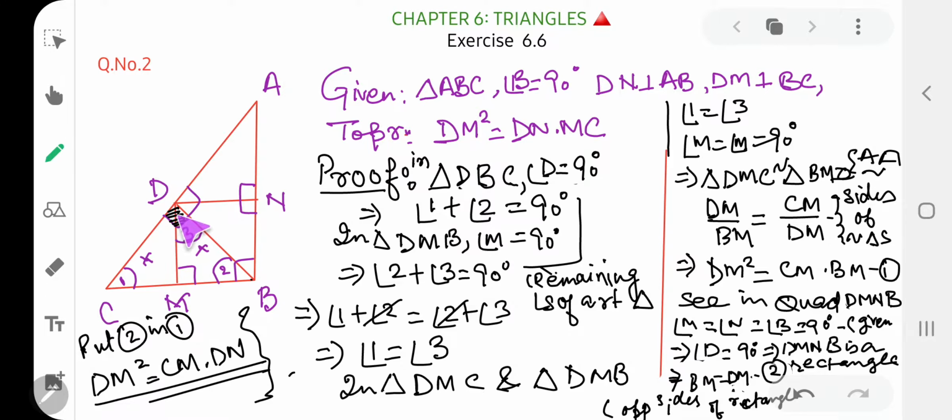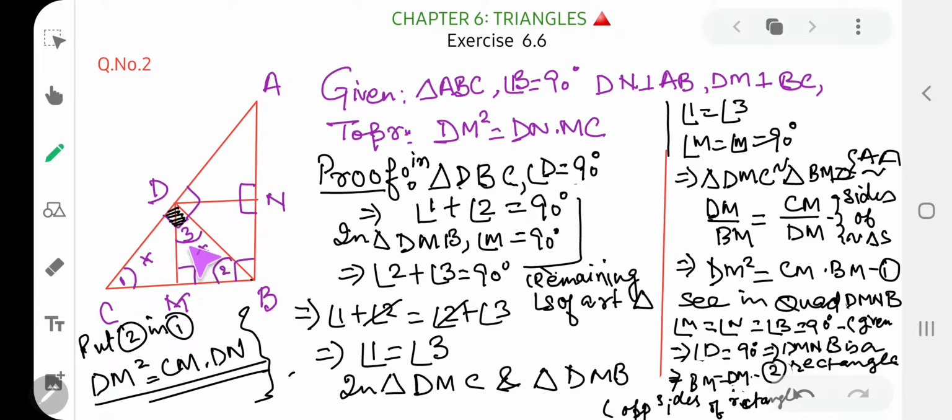If you look at the figure, you will find two triangles having DM in it, DMC and DMB. That means you need to prove these two triangles similar. To prove these two triangles similar, you need to prove that two angles of these two triangles are equal.